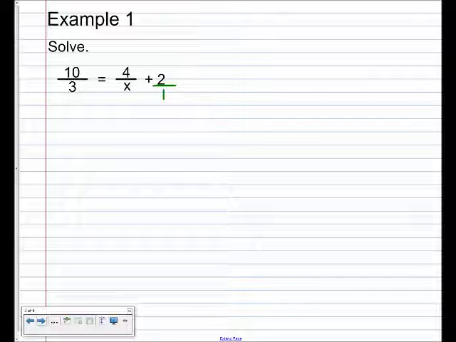So what's the lowest common denominator for 3x and 1? 3x. That's the lowest common denominator, because I multiplied all together. Well, if I say it's 3, is that the lowest common denominator? No, because I need an x. If I say it's x, is that the lowest common denominator? No, because I need a 3. So it's 3x.